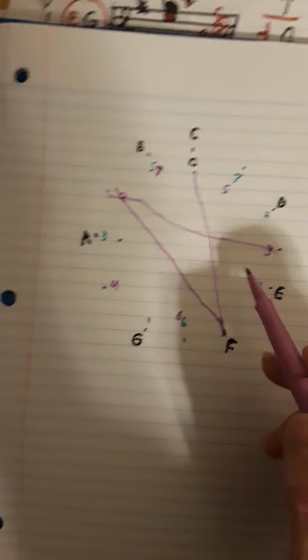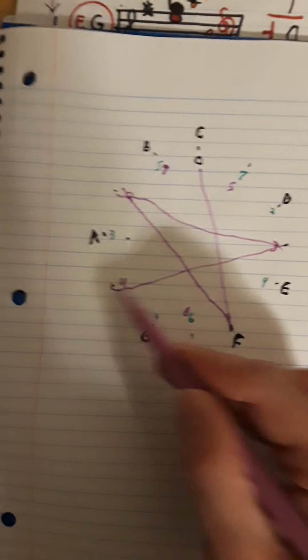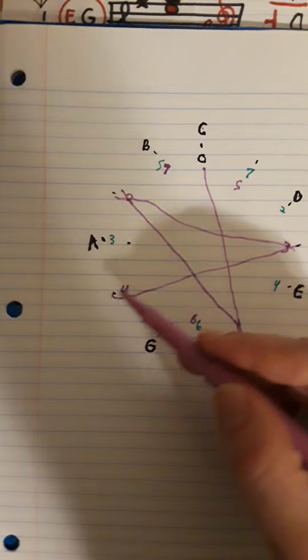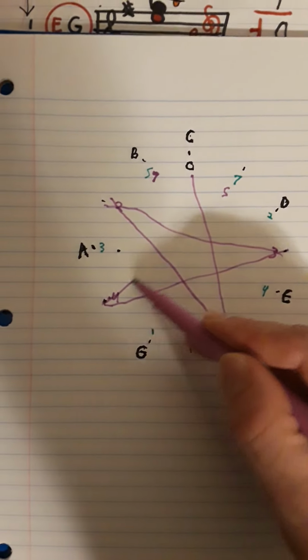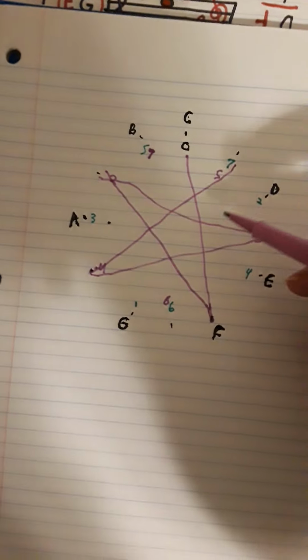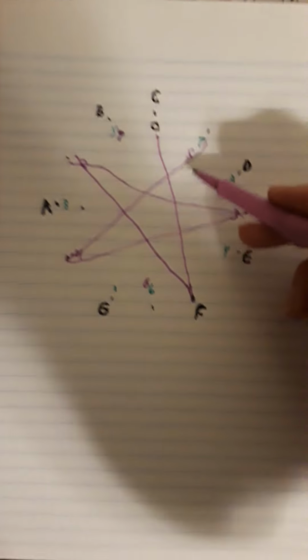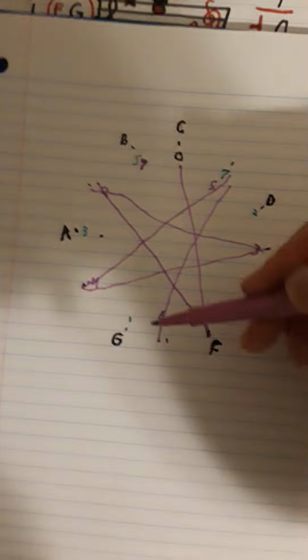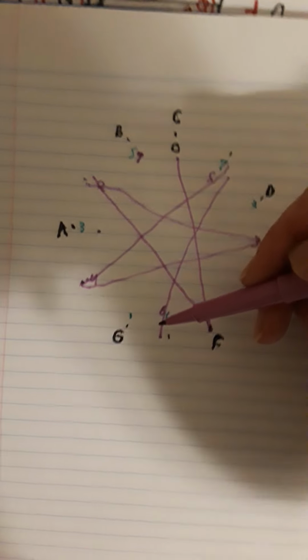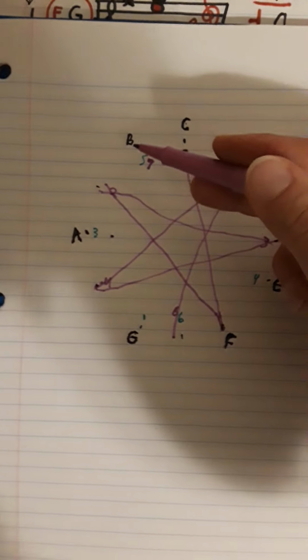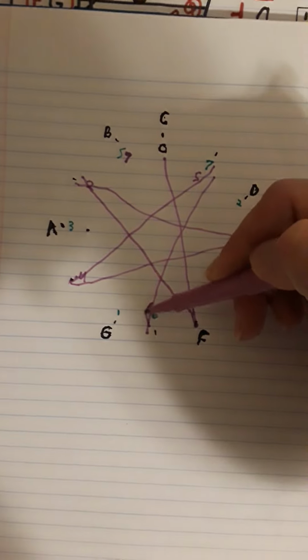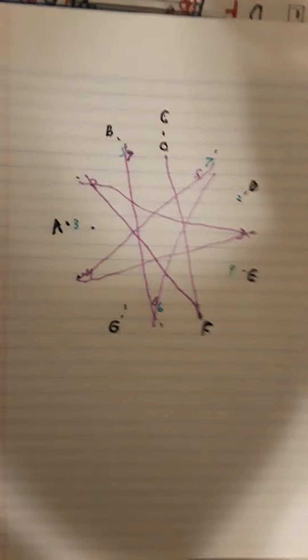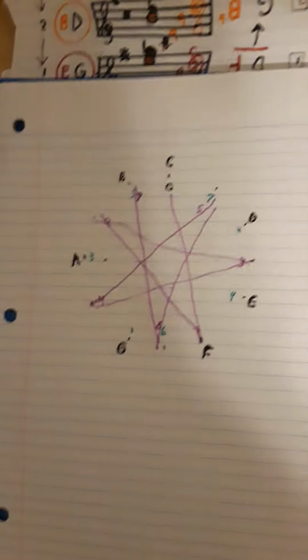And then A flat major would be 4, and then D flat major would be 5, and then G flat major would be 6, and then C flat major, which would actually be the B scale, for 7. There you go. So that would be the figure you see for the flats.